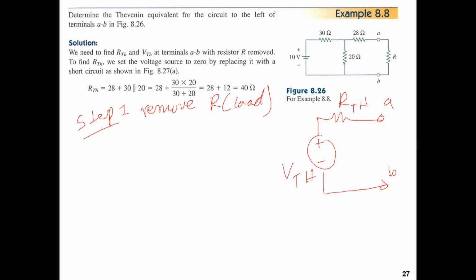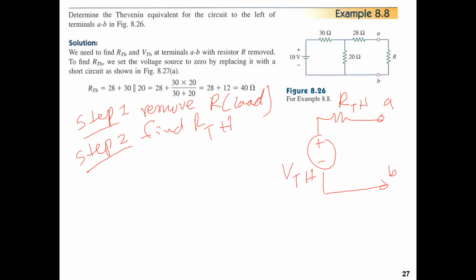And then the second step is to find RTH. To do that, we need to remove all the independent sources, voltage sources or current sources.